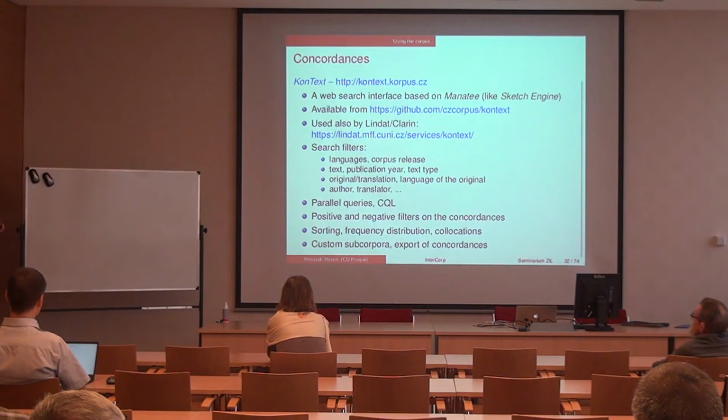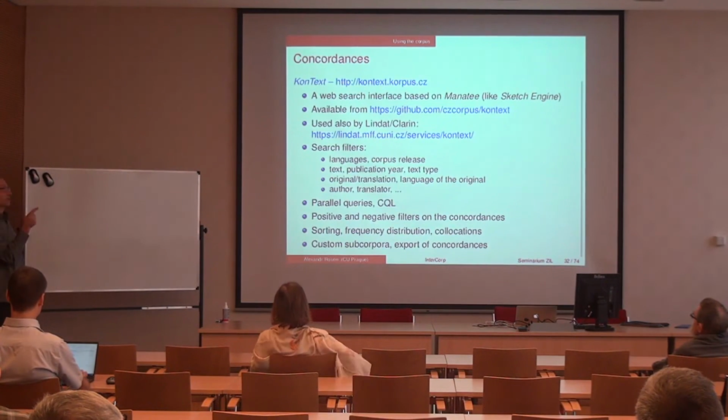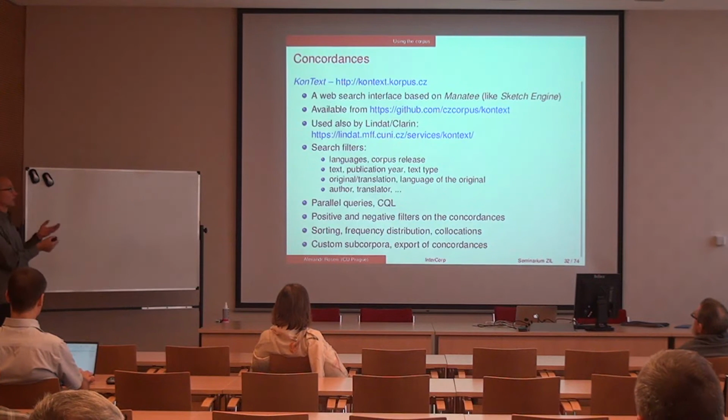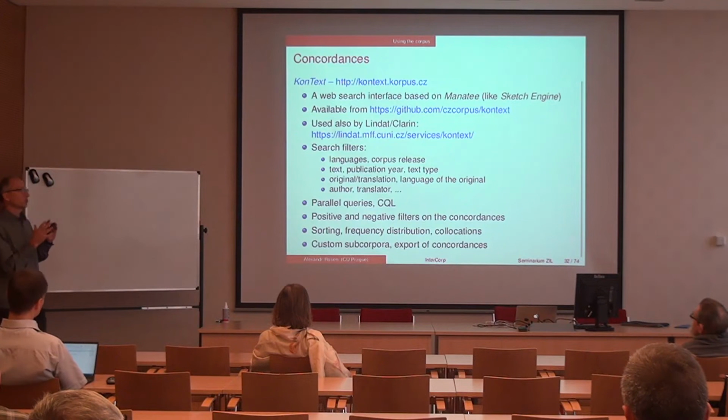For parallel corpora, the parallel query option was not there since the very beginning of Context or Manatee. It was added about a couple of years ago, and I think 8. You can check in the history.